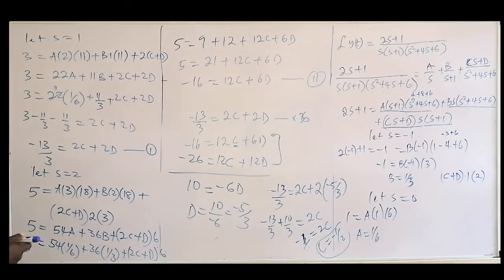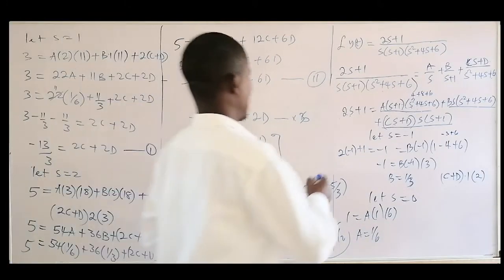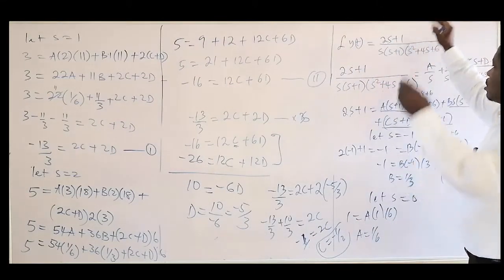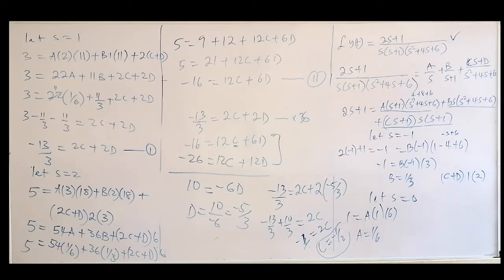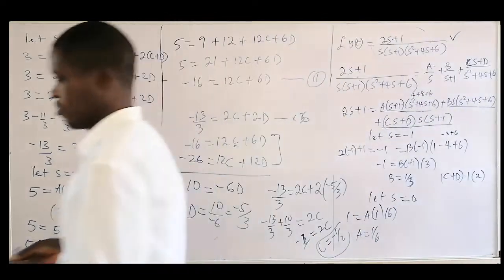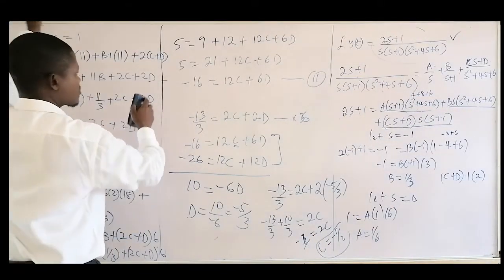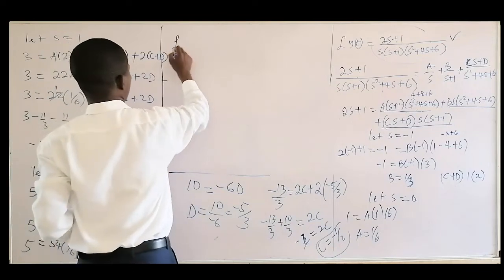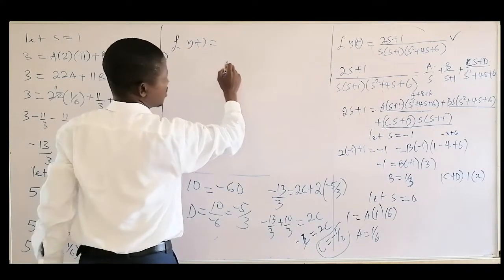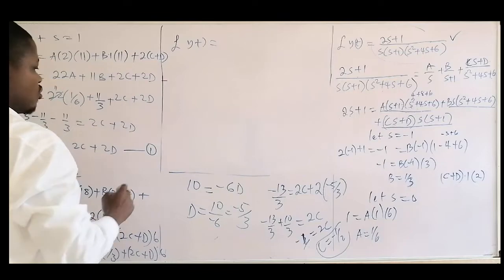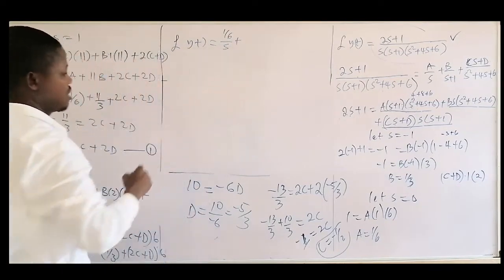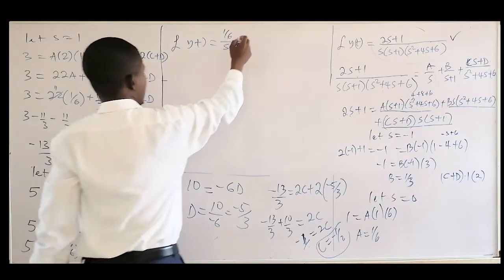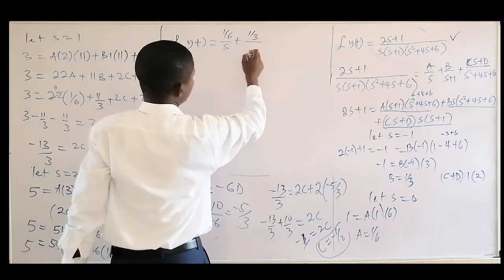So with all the constants gotten now, that will take us back to this expression. Okay, and already we have an expression for this. So we'll go there now and substitute what we've done so far. So that will be equal to Laplace of y of t equal to, our a is 1 over 6, 1 over 6 over s, plus our b is 1 over 3, 1 over 3 s plus 1.